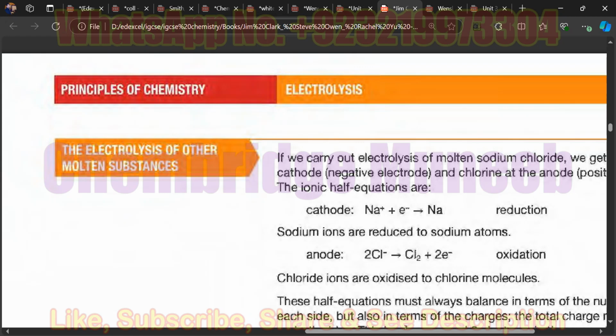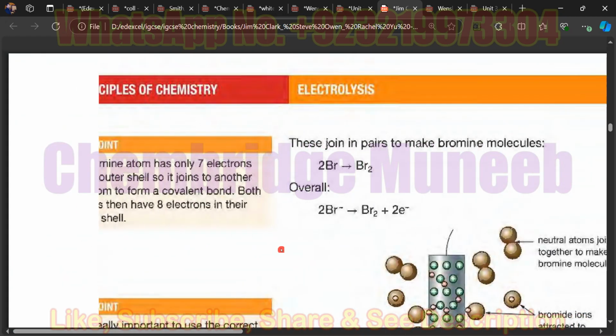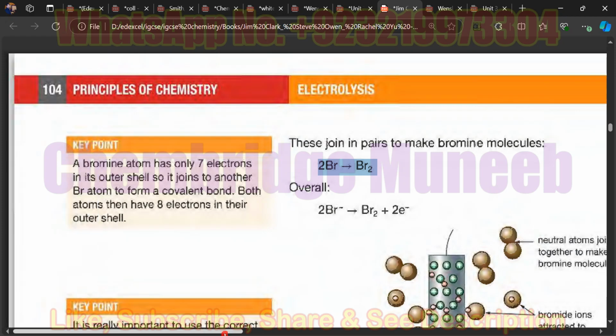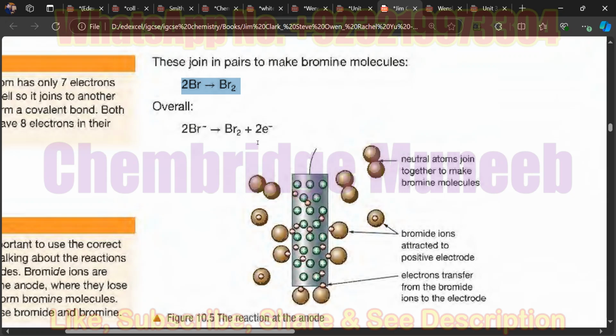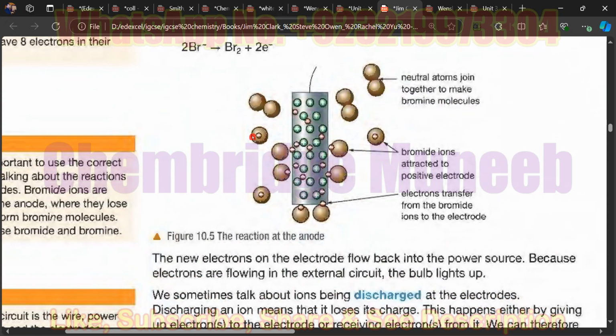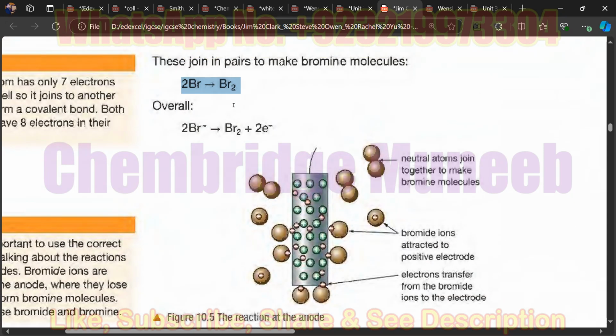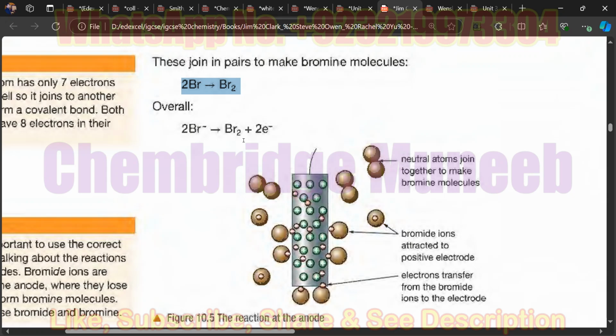Those bromine atoms will combine with other bromine atoms to make the bromine molecule, because bromine atoms cannot exist individually. And since the heat is constantly supplied, the bromine liquid will be converted into bromine gas, and that's why bubbles of bromine gas will appear on the anode.